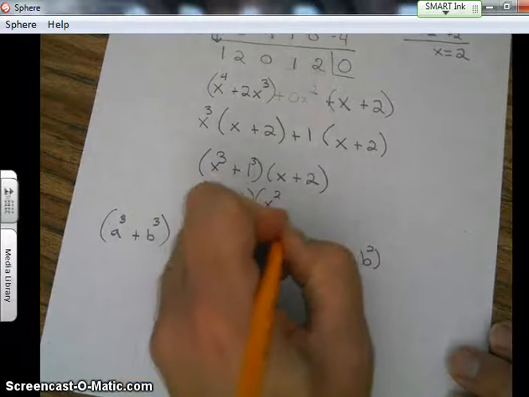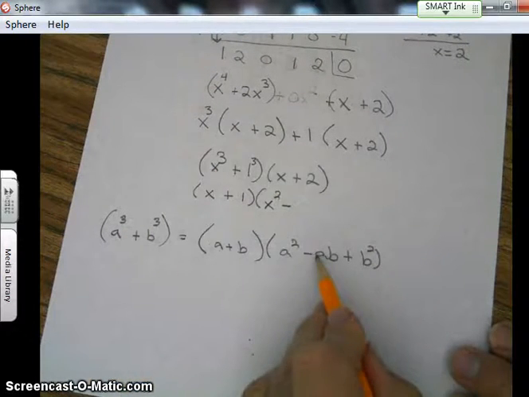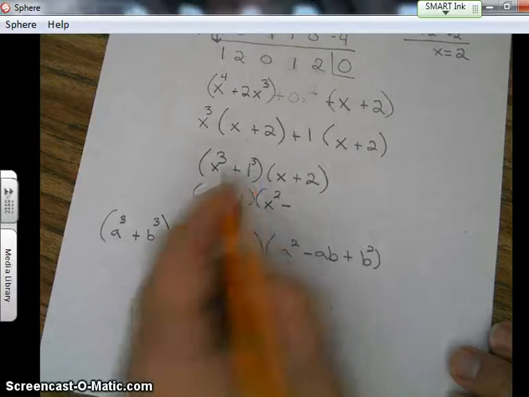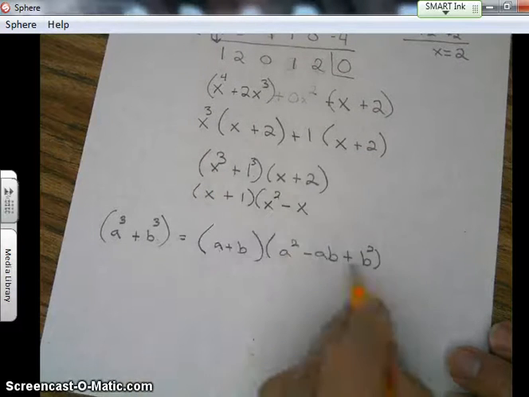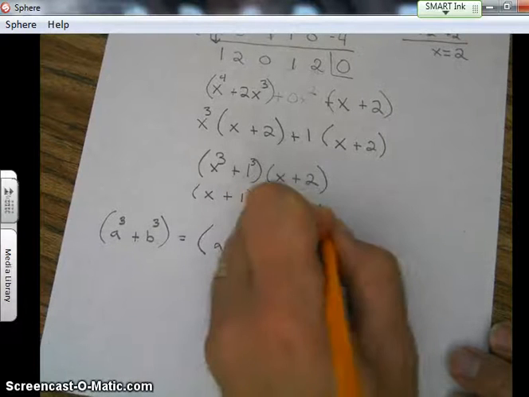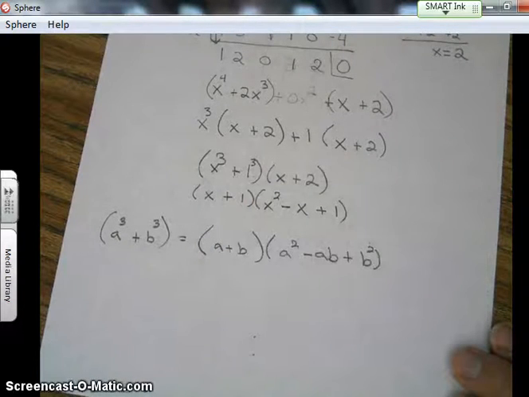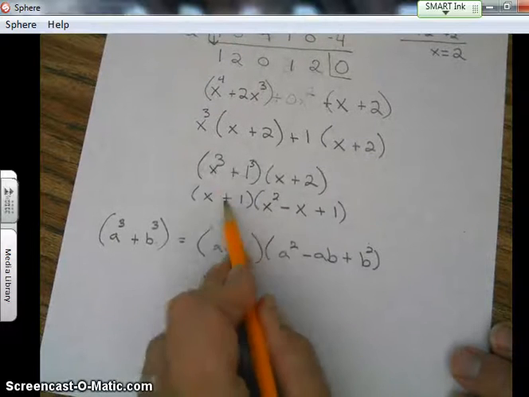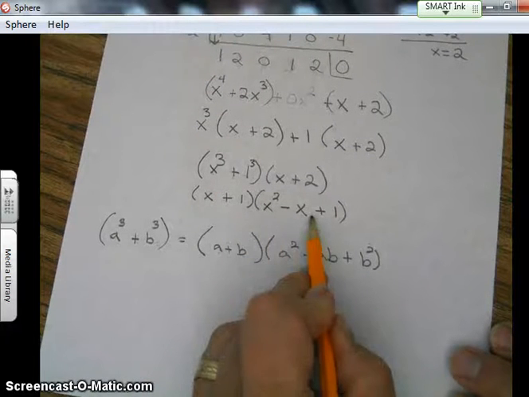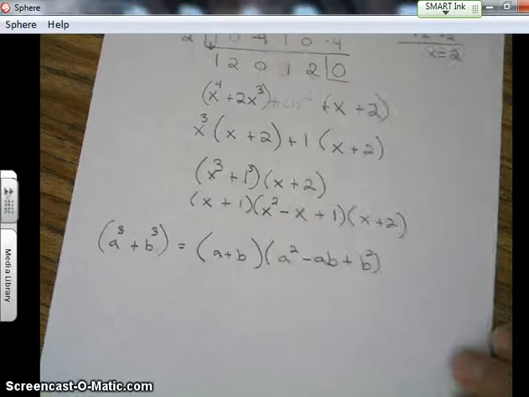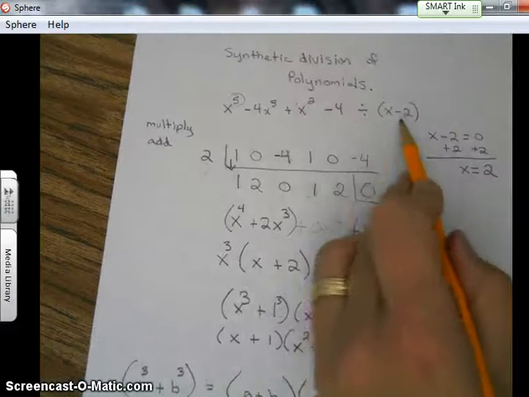And then a times b is going to be x times 1, which is 1x, and then the b value is 1, so plus 1. 1 squared is just 1. So this factors to this. And then we also have the x plus 2. And don't forget the x minus 2.